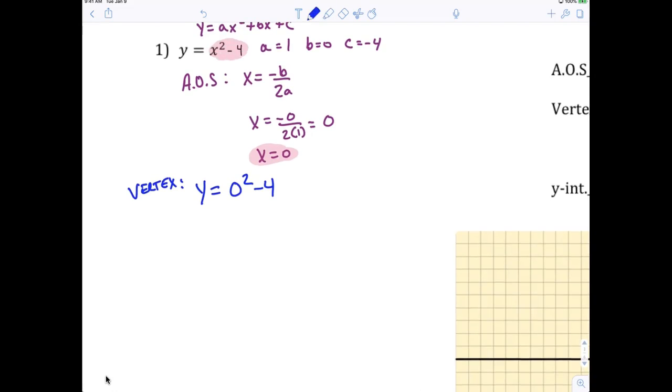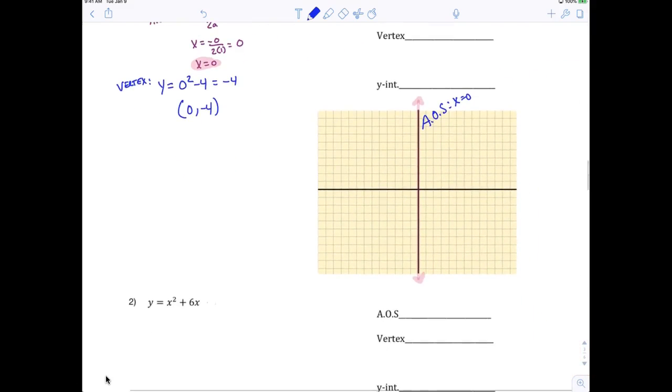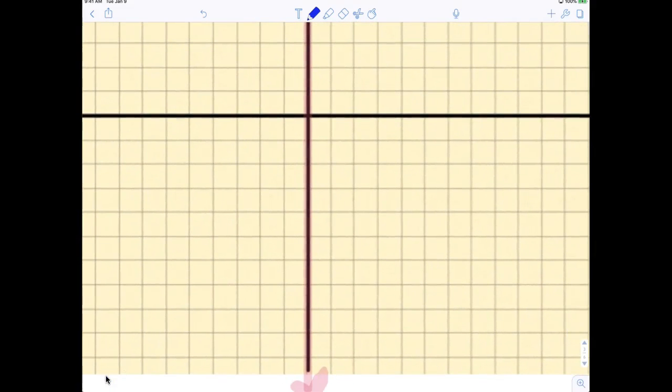And if I plug 0 in, what do I get for y? Negative 4. So your vertex is 0, comma, negative 4. So now we come back over here, and now we're going to graph 0, negative 4. So there's 0, negative 4.